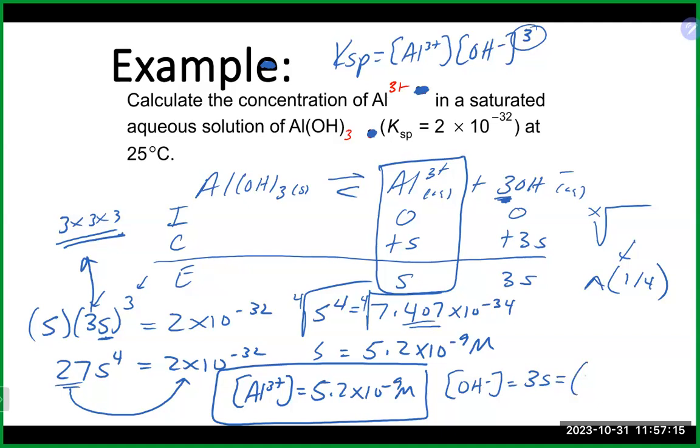That means we would have 3 times our 5.2 times 10 to the minus 9, and that would give us something like 1.6 times 10 to the minus 8 as our concentration of hydroxide. So that is the molar solubility in this case of aluminum hydroxide. It is also the concentration of the aluminum ions floating around in that solution. But we do have to adjust it by multiplying by 3 to get the actual concentration of the hydroxide ions that are floating around.